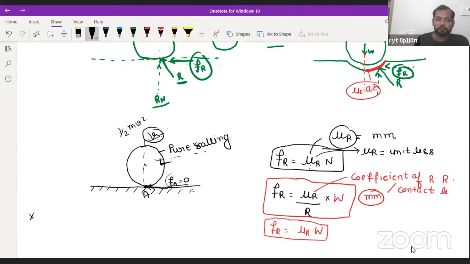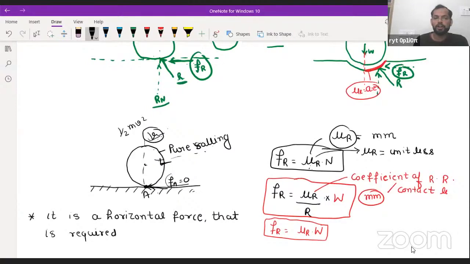Another definition of rolling resistance is it is a horizontal force that is required to roll our body with uniform velocity.